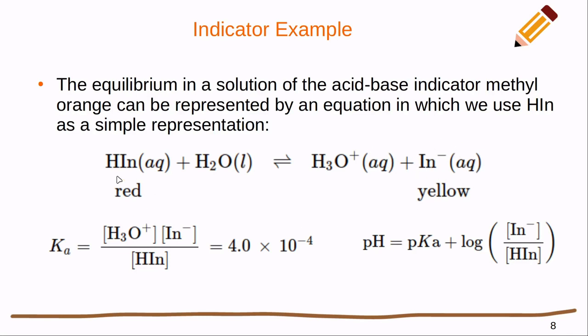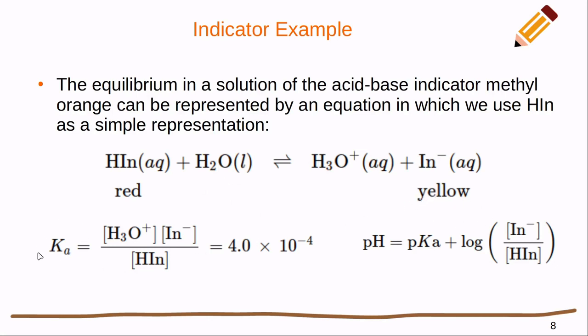When it's protonated, it is red. When it's deprotonated, it is yellow. If I added acid to the system, I'm going to shift the equilibrium over to here, and we're going to have a red solution. If I add base, I'm going to shift the equilibrium over to here, and it's going to turn yellow.